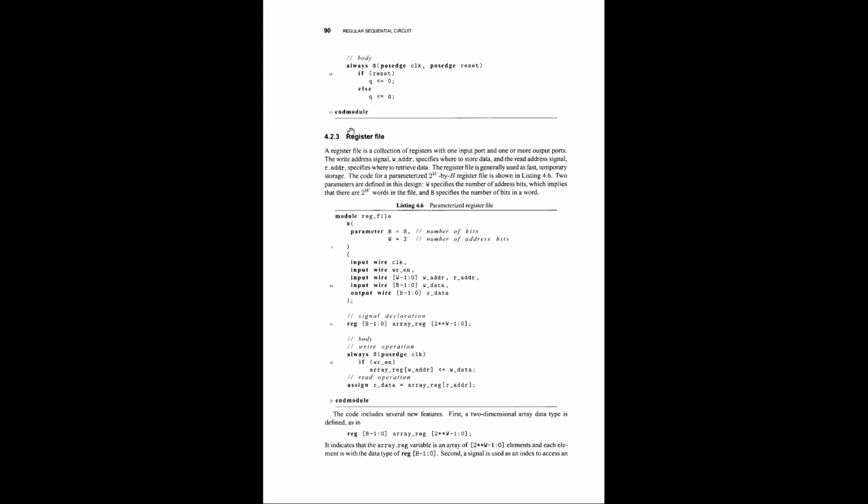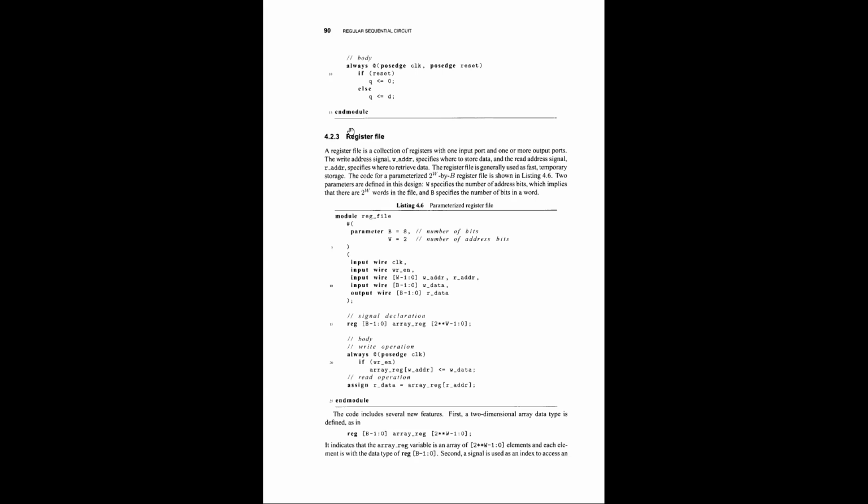But what if you want to store two 8-bit words? If I say a word is 8 bits, and you want to store 2 words, or 8 words, or 10 words, how would you create a memory to store that? That is called a two-dimensional memory, where you have the capacity to store many words at the same time.